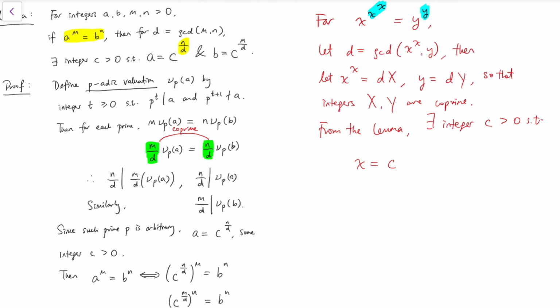But for our main problem, it will be small y over d, and that's big Y. While for the other part, which is y, from the lemma, it's also a power of c, but this time it should be using this relation, x to the power of x over d, and that will be big X.